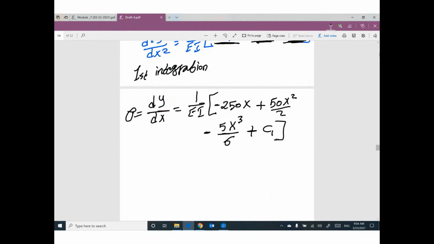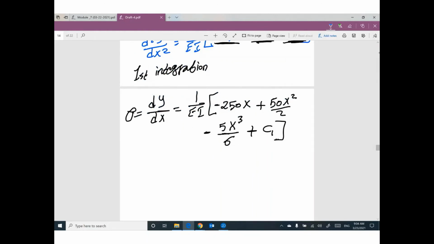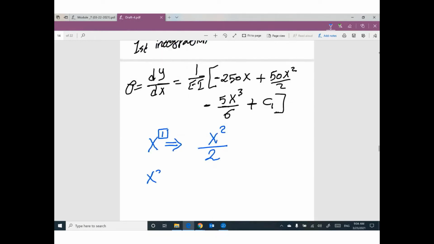So hopefully you can do integration. If you have x, for example, and you would like to do integration, increase the power by 1. The power here is 1, so increase it by 1, it will be squared, and divide by the new power. If you have x squared, to do integration, it will be x cubed divided by 3.